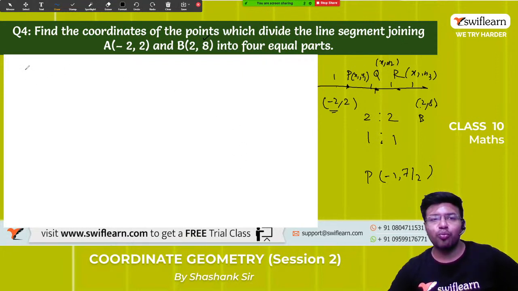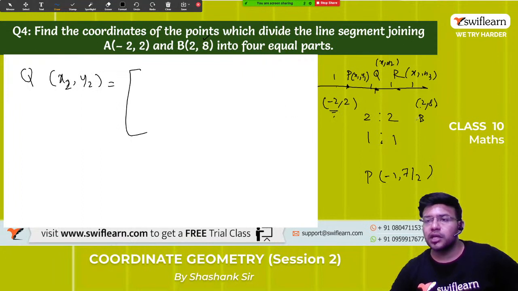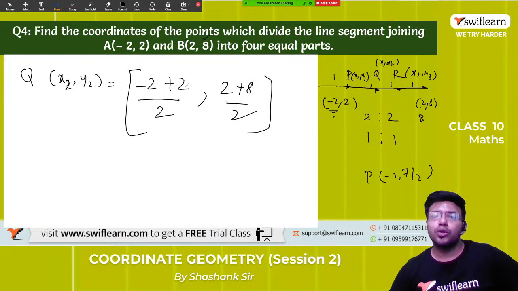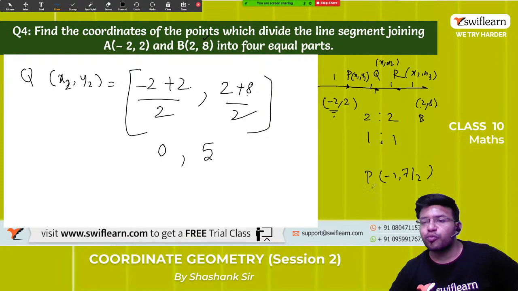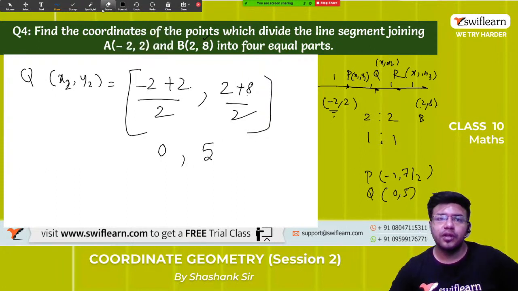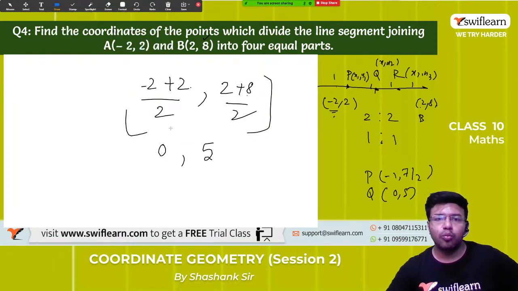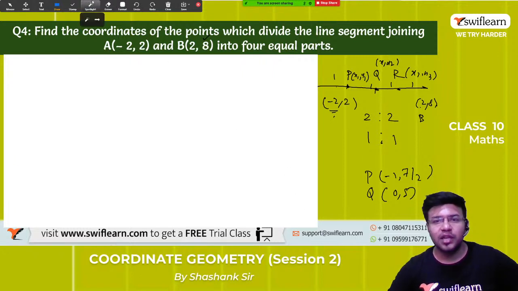The coordinates of point Q, which is x2, comma y2, is given by this plus this by 2: -2 plus 2 by 2, comma 2 plus 8 by 2. ये 0 है, 8 plus 2 10 है, 10 by 2 is 5. So the coordinates of point Q is what? 0 comma 5.